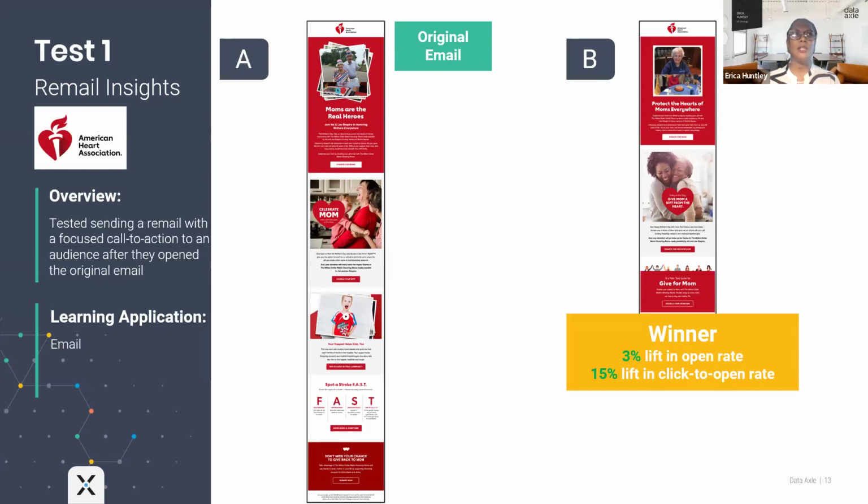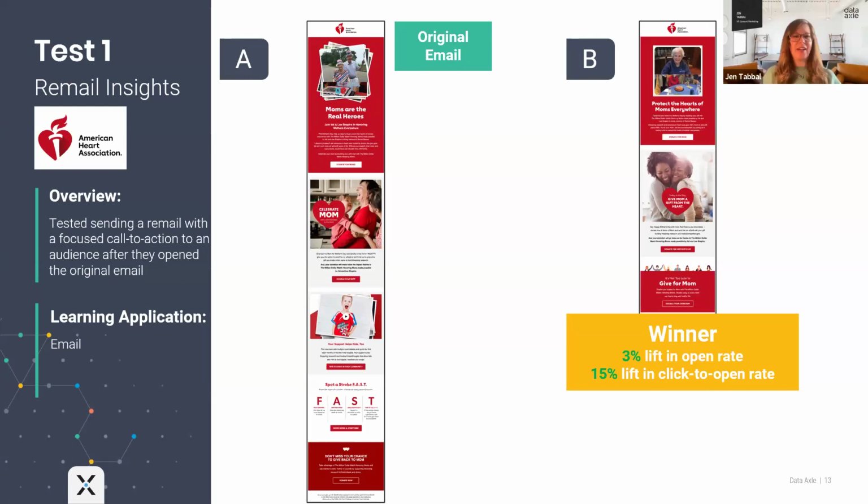So testing this approach with your customers is definitely helpful. But it's interesting to see that we were able to get a lift on engagement and really drive some incremental activity from an audience that may not have been ready to engage with that original email, but with this remail, we were able to get some additional engagement there with click activity. So definitely something to test with your customers.